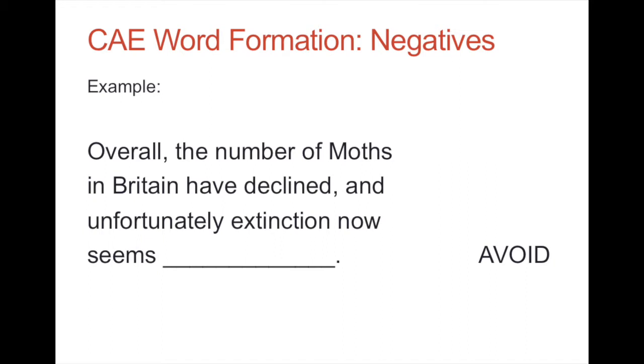And unfortunately, extinction now seems blank. And your root word is avoid. Some students might be in a rush and choose the word avoidable. But that's not paying attention to the context of the sentence. All you have to do is add un to the adjective form avoidable to make unavoidable.